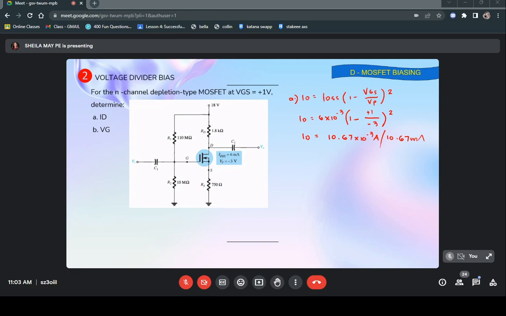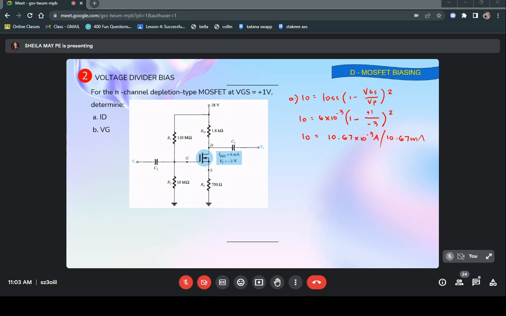Right, we already have our ID. Lastly, we need to find our VDS. VDS has a formula: VDD minus ID times RD plus RS. VDD is 40 minus ID at 6.75 times 10 to the negative 3. RD is 3,000 plus 0.82K or 820 ohms.